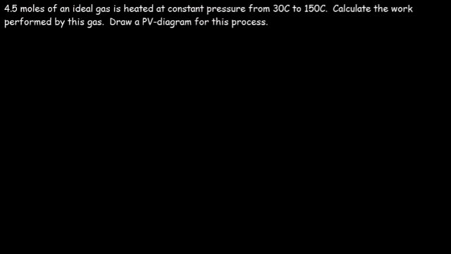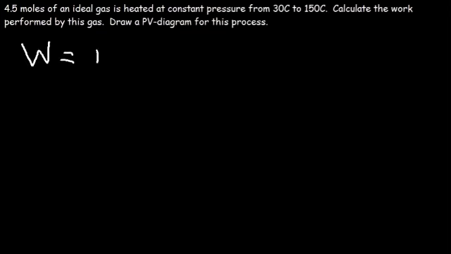4.5 moles of an ideal gas is heated at constant pressure from 30 Celsius to 150 Celsius. Calculate the work performed by this gas. Draw a PV diagram for the process as well. So the equation that we can use is this equation.